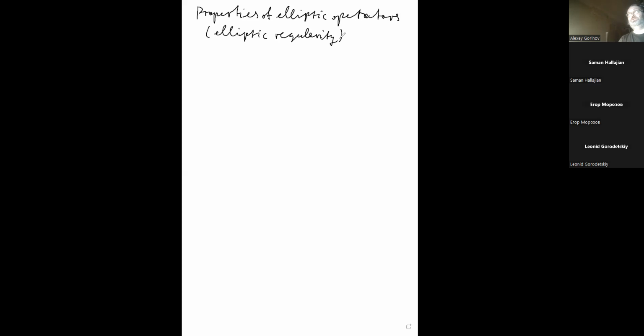And the general name for those properties is elliptic regularity, which is something that is specific to the elliptic case, and which is not at all true for general differential operators.